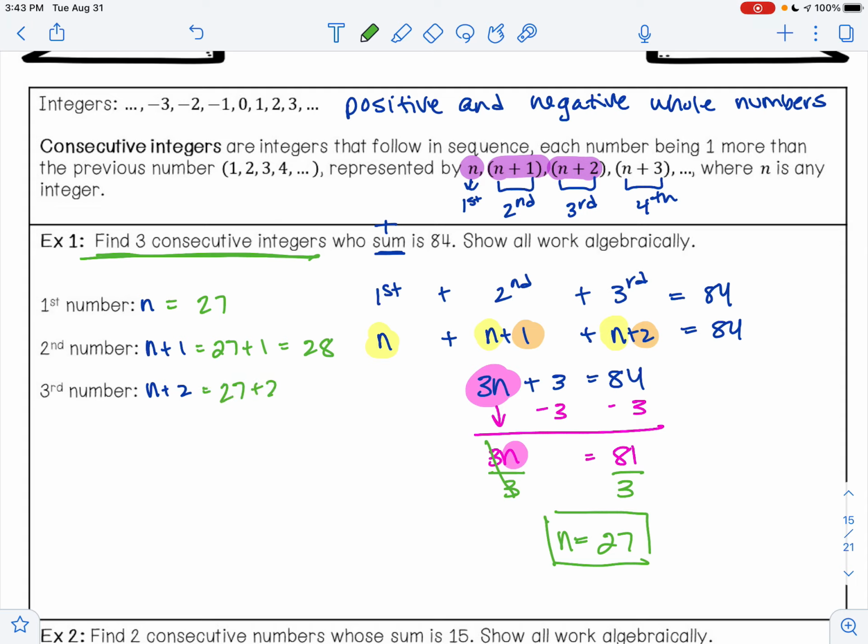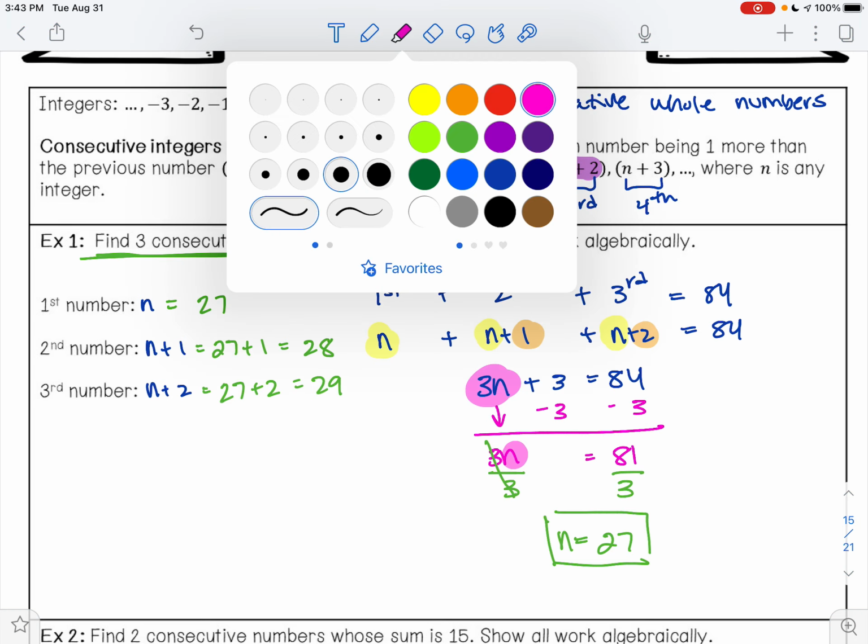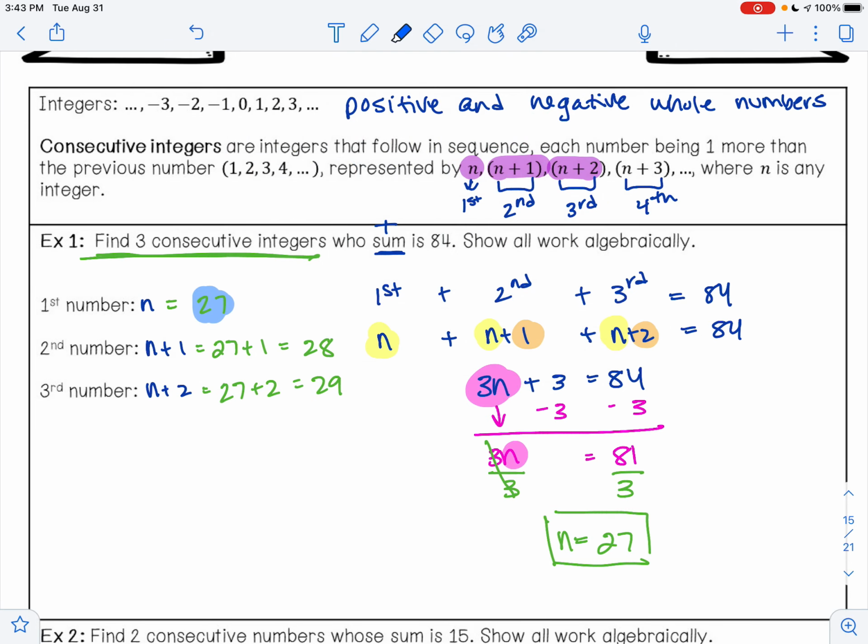So that's 27 plus 2, which is 29. So my 3 consecutive integers are 27, 28, and 29. These are 3 consecutive integers that sum to 84.